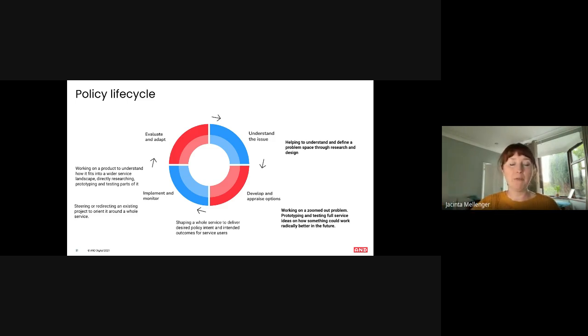Or it might be through prototyping and testing services quickly and cheaply, for instance, to help refine and iterate the design or key decisions before it goes anywhere near a delivery space. So it's quite an enjoyable space to be in terms of your constraints as a designer might be very few at this stage.